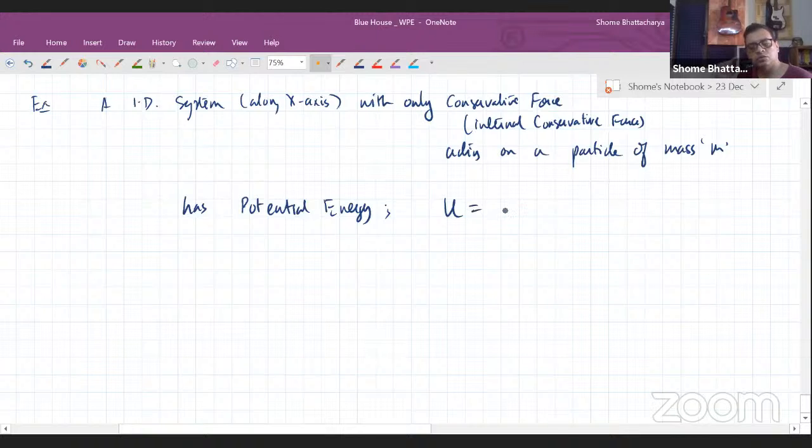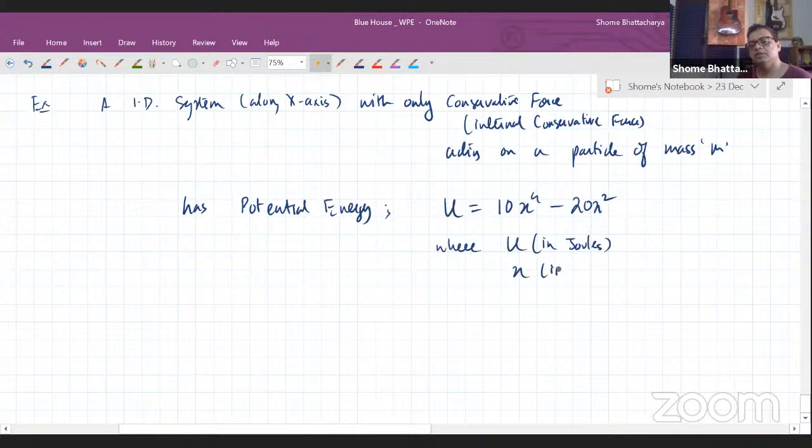U is equal to 10x to the power 4 minus, sorry, minus 20x square, where U is in joules and x is in meters.